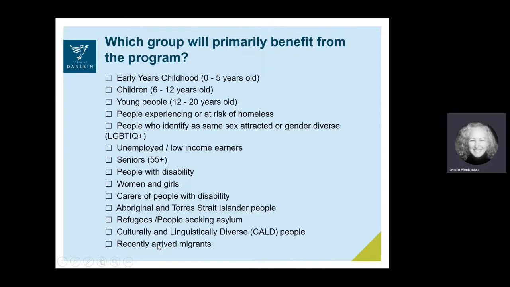In the application form, it also gives you a list of categories to choose from, and we ask that you at least tick one. There could be more than one group that you're aiming to reach, fine, but at least one. And this is an example of what's in the application form.